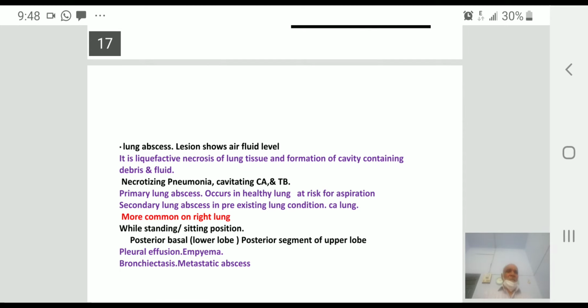In sitting and standing, it goes directly to the posterior basal segment and the posterior segment of the upper lobe. The complications of lung abscess are effusion and empyema, bronchiectasis, and spread of the abscess to other organs of the body. It is called metastatic abscess.